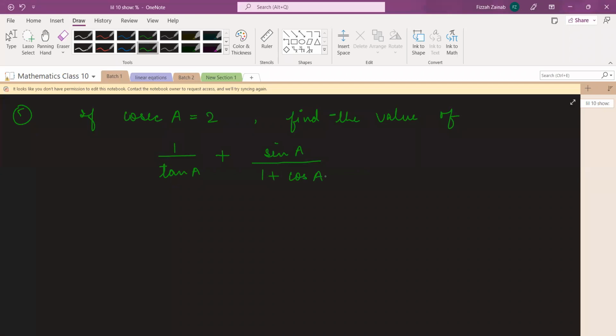So first of all, find this tan A, sine A, cos A, then put the values here and solve. Okay, I'm writing the next question also. You keep on doing it.